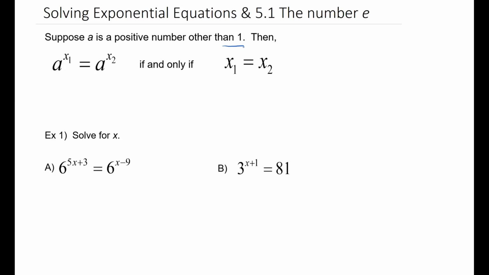But we have a base of a on each of them, and they have 2 different exponents, okay? However, if those 2 are going to be equal to each other, the only way to be equal is if the exponent terms are also equal to each other. So again, the bases have to be the same, and as long as the bases are the same, the exponent terms will be equal.